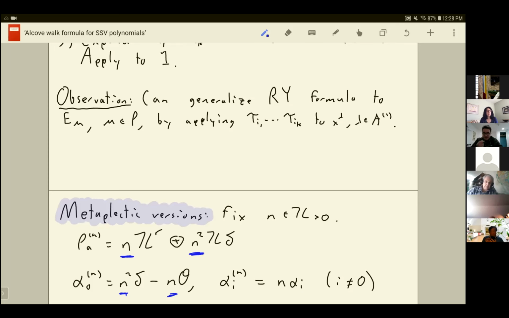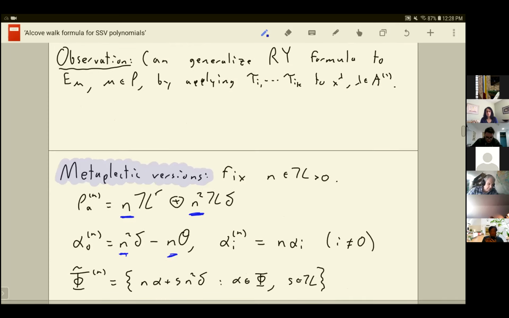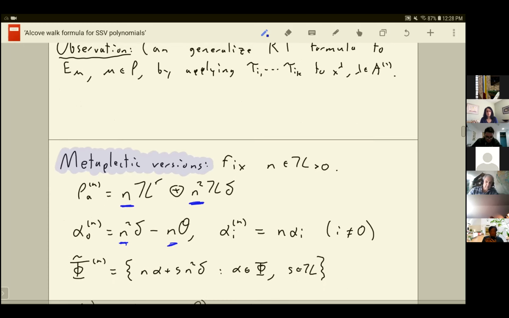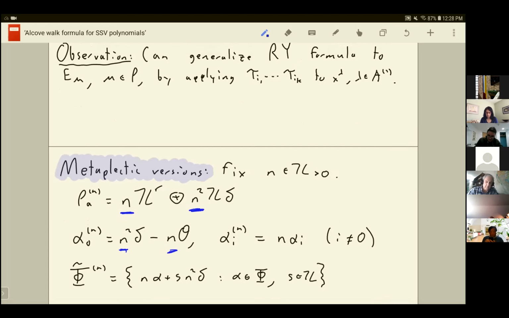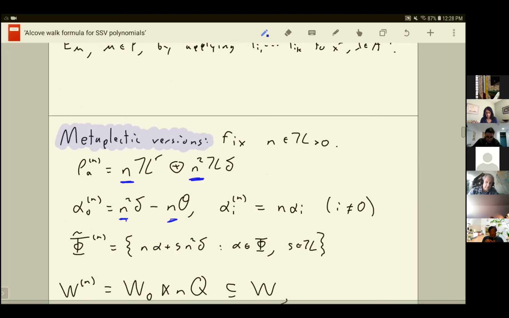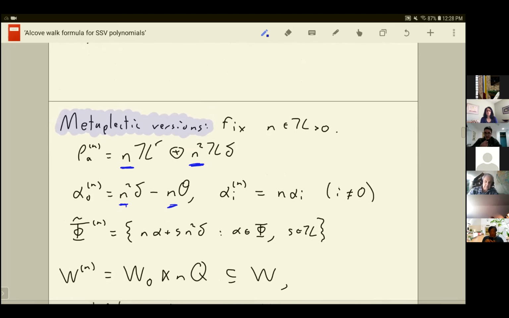This partly is just a bookkeeping device, but what it lets us do is, one, define the n root system in the same way, and two, get this Weyl group Wn as a subgroup of the usual Weyl group. It's still the finite Weyl group, and then instead of translations by anything in the root lattice, you can translate exactly by multiples of n in the root lattice, so n times something in the root lattice.